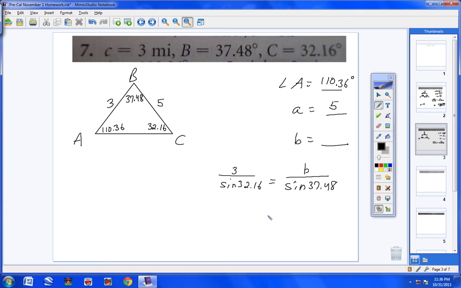Now if I cross multiply and then divide, I will have B equals 3 sine 37.48 divided by the sine of 32.16. If you type all that into your calculator correctly, for B you will get approximately 3. I hope this is going well for you.